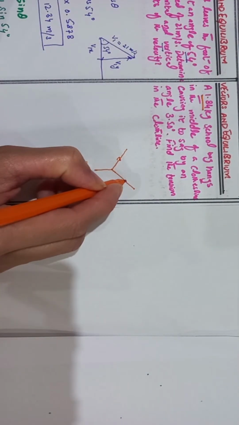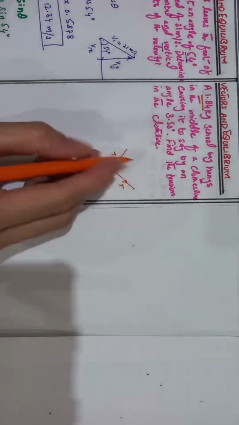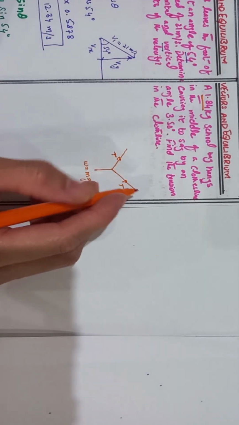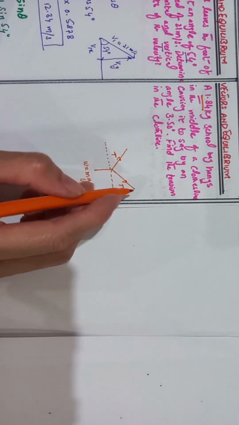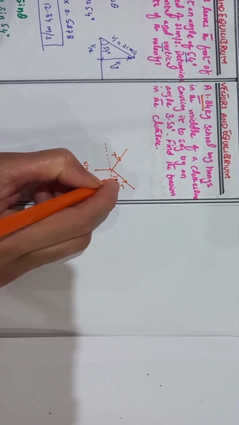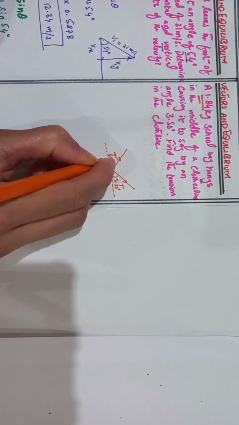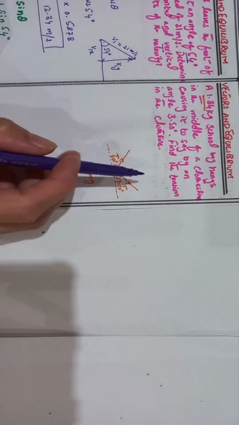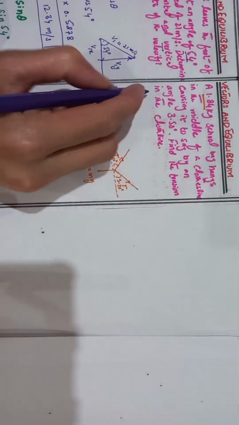Here the tension that is created in the cloth line is represented by T. Here the cloth line makes an angle of 3.50 degrees with the horizontal. What they asked: find the tension in the cloth line. We find the tension in the cloth line.